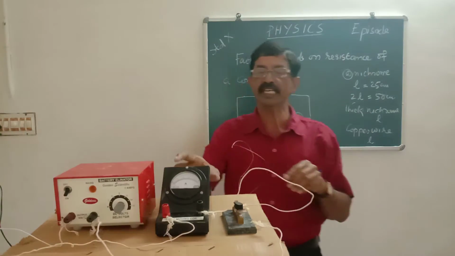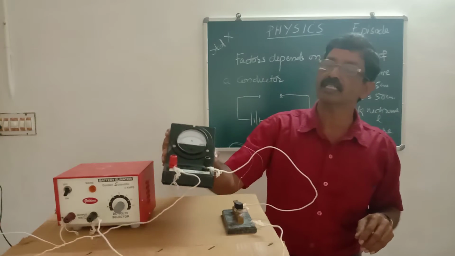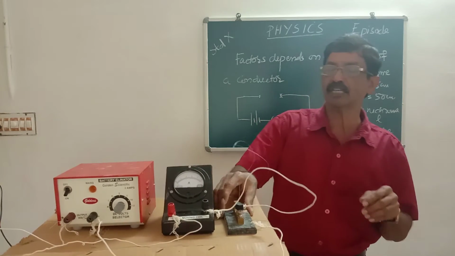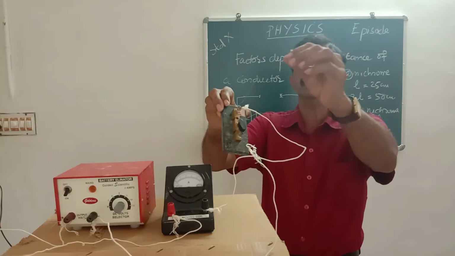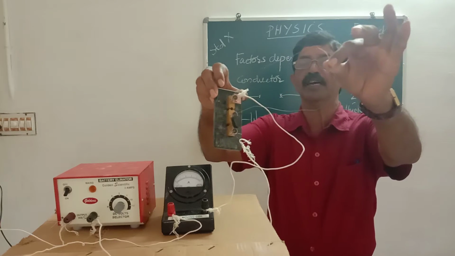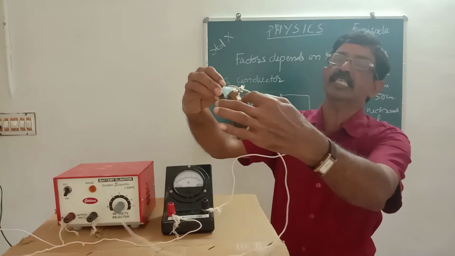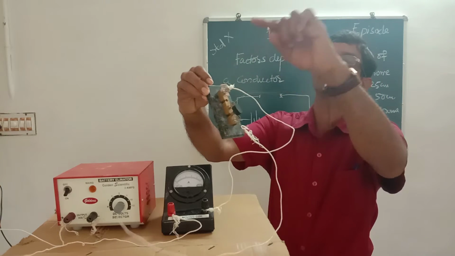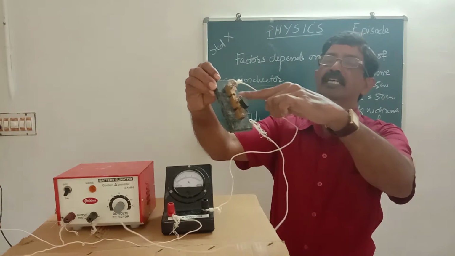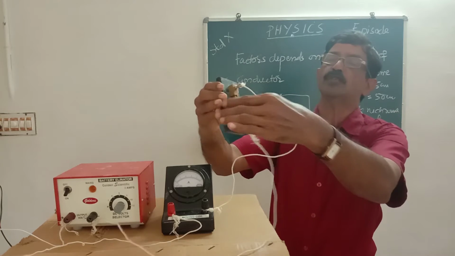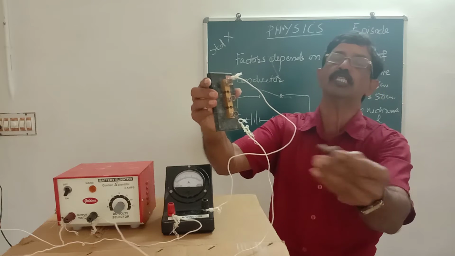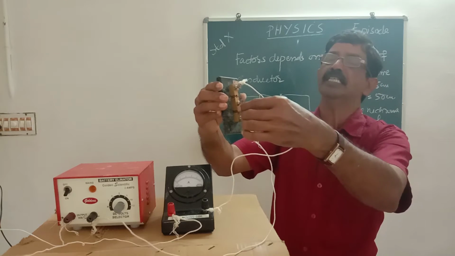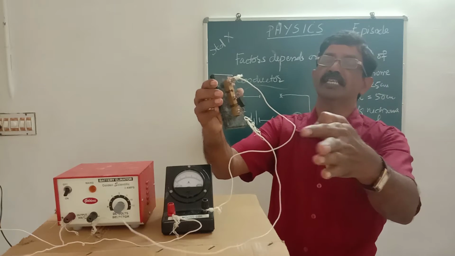Now see here, in the circuit we included a nichrome wire. There is a gap, so current can only flow through this one. When the switch is open, the circuit is open, and when we put it here, the circuit is completed.